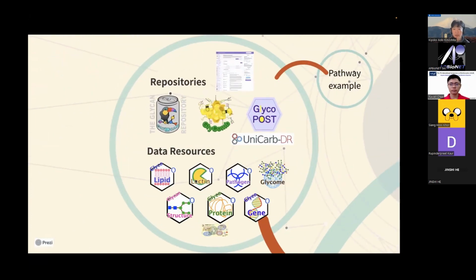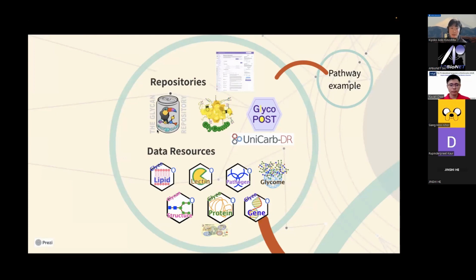What is in Glycosmos is that we have two major sections, actually four sections, but here I'm listing two of them: repositories and data resources. Repositories are where users can upload data and supply information to get accession numbers.